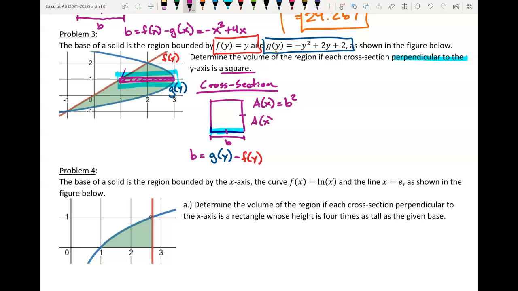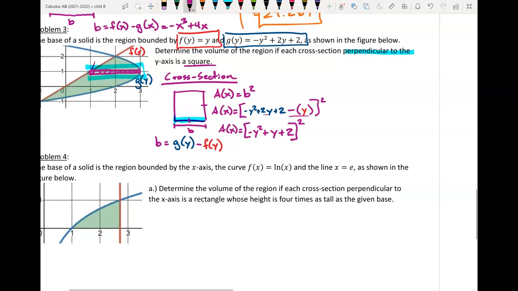A of x is equal to g of y, so negative y squared plus 2y plus 2, and then we're going to have minus just y. That's all that we have there, and that's going to be squared. So that can simplify down to negative y squared, 2y minus y will just give me 1y, plus 2, squared.